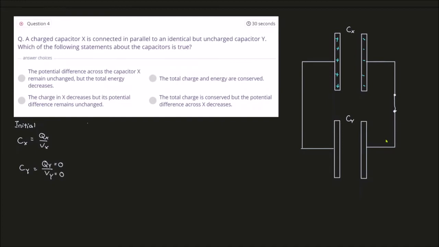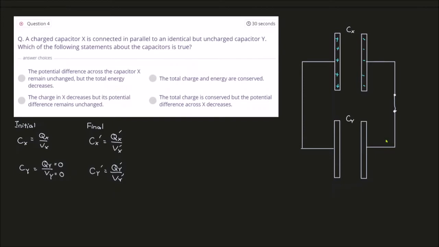Now, what if we connect the circuit, like what I have drawn just now? When we connect the circuit, you have Cx prime equals Qx over Vx, whereas Cy prime equals Qy over Vy. Oops, I should label everything with prime because all of these are the new situation.